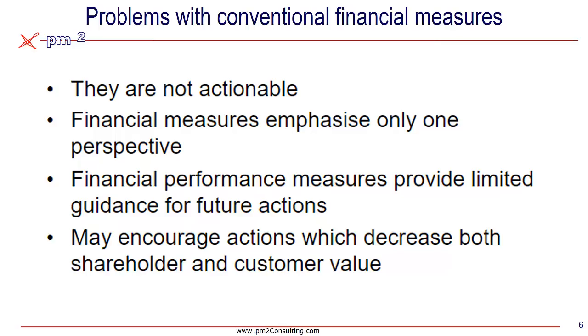So things like looking at an ROI is not actionable. They only look at one attribute, which is the return on the investments. It's not going to guide us towards future actions. And finally, it may cause us to make decisions like reducing investment that will impede future shareholder value and customer value.